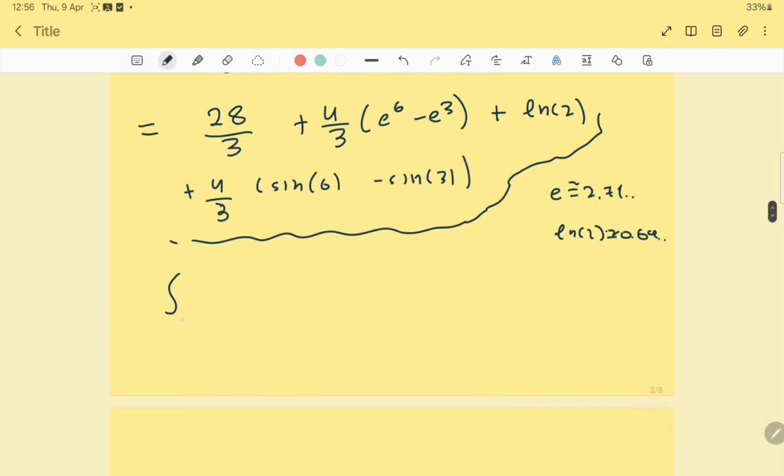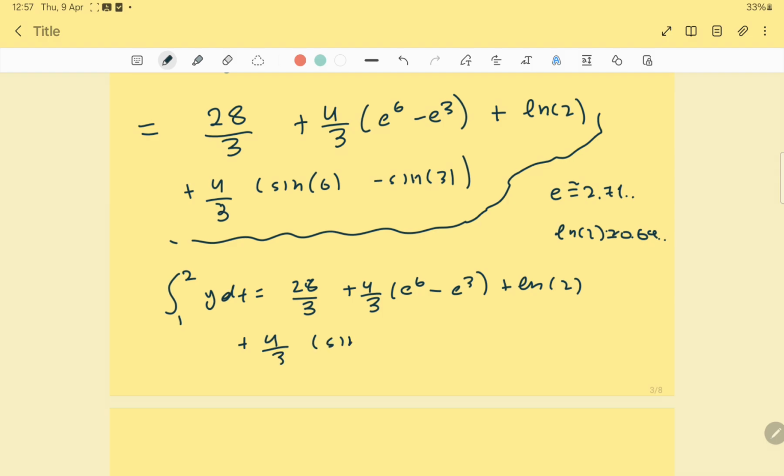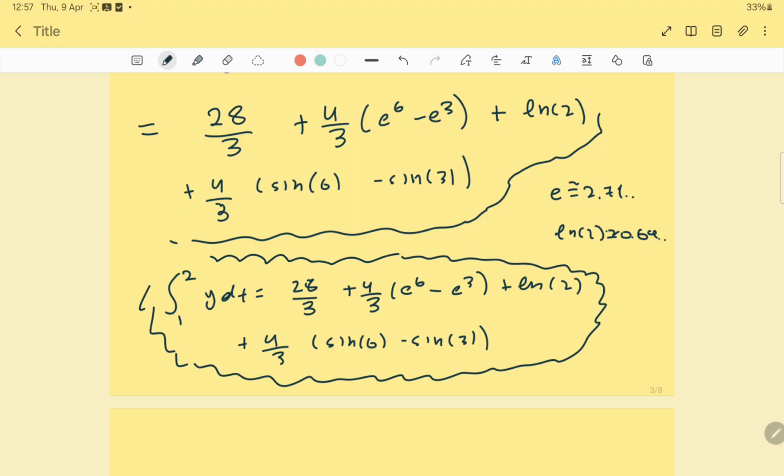So for this integral from 1 to 2 of y dt, you just write 28 over 3 plus 4/3 e^6 minus e^3 plus ln 2 plus 4/3 sine 6 minus sine 3, and that's going to be your final answer. Don't try to put decimals and substitute because it's going to be a mess, okay?